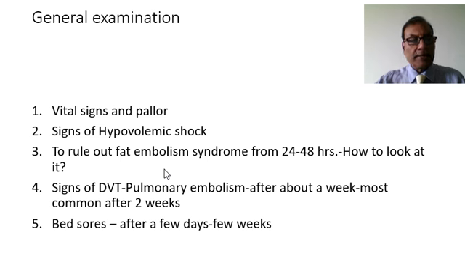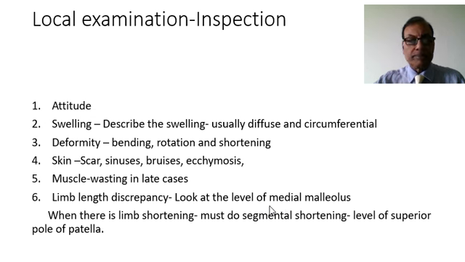There are three cardinal signs: one is the cerebral signs, another is the respiratory signs, and the third is the signs of skin, particularly hemorrhages. DVT or pulmonary embolism are common after a week or so, usually peaking at around 2 weeks. And in frail, weak, old patients, always look for stroke. They can come in a few days' time.